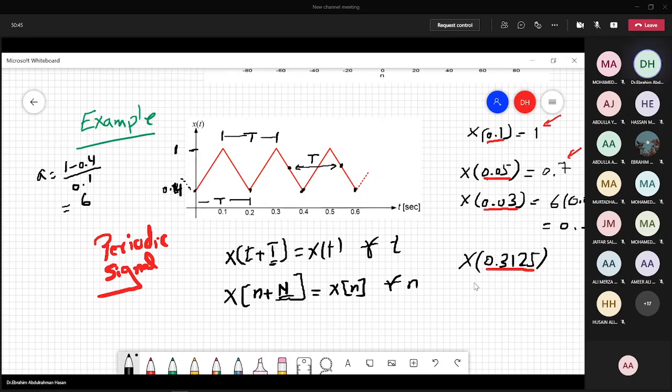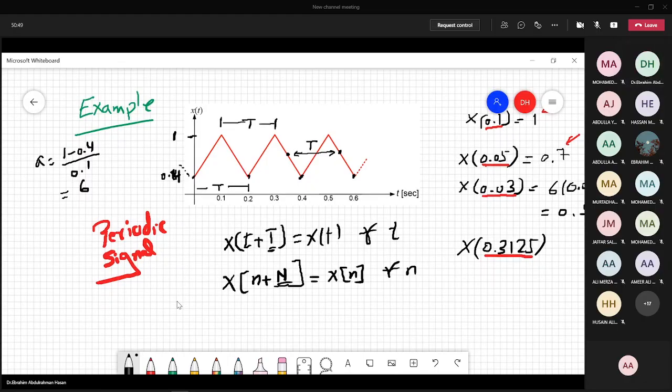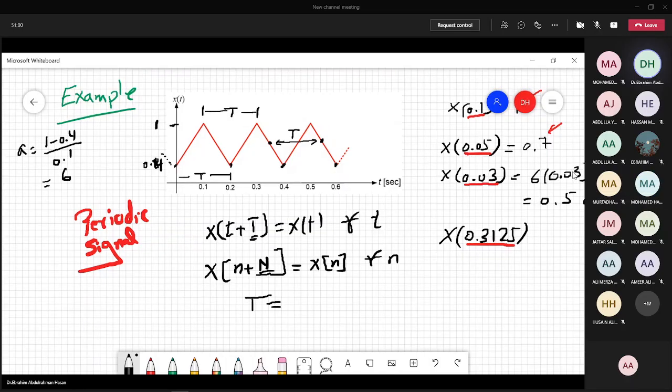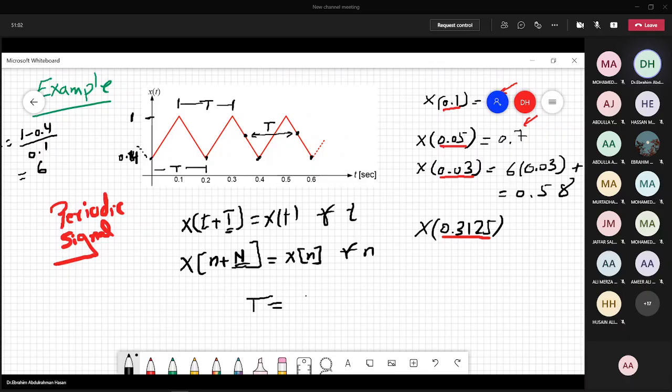Okay. What is the period here in this example? How much is T? 0.2. 0.2 second. Okay. Then if we know what T is, we can calculate the frequency.